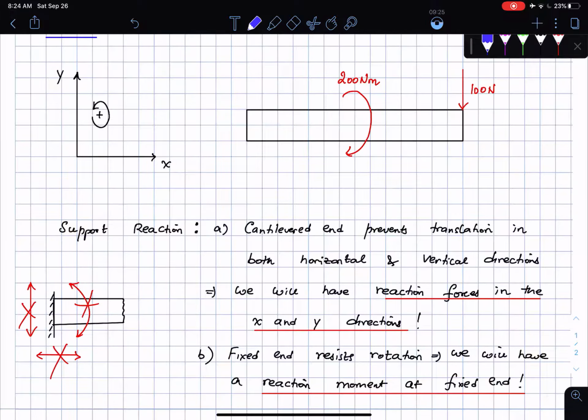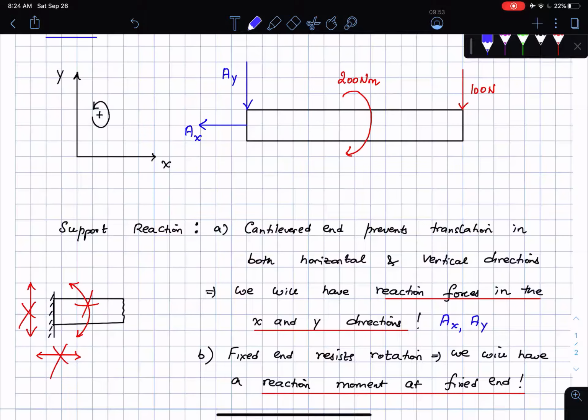I just choose arbitrary horizontal and vertical directions. I can just draw a reaction force here and call that A suffix X. Then I'm going to draw a reaction force pointing vertically down, and call it A suffix Y. These are just drawn arbitrarily. So these are your reactions AX and AY.